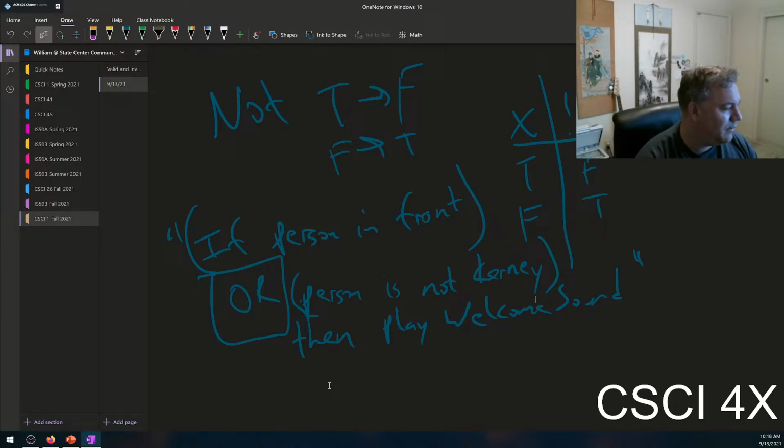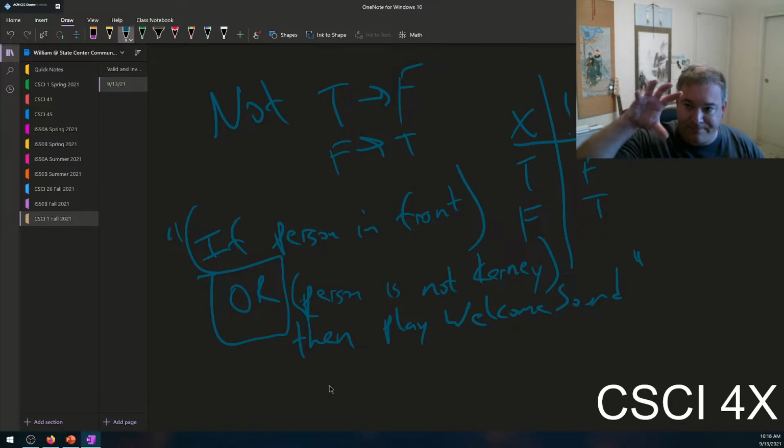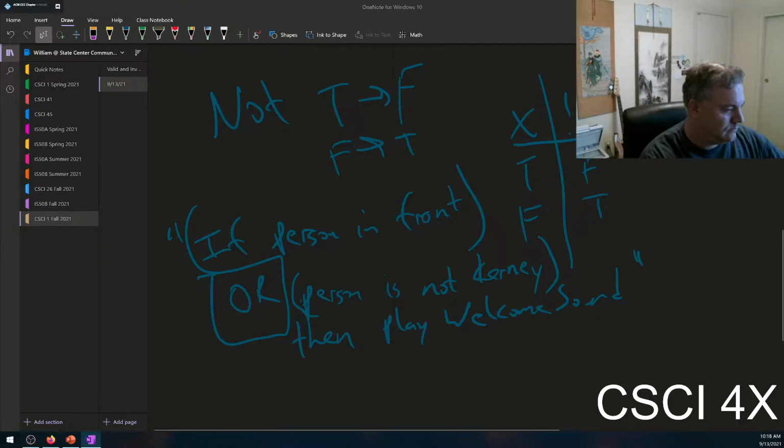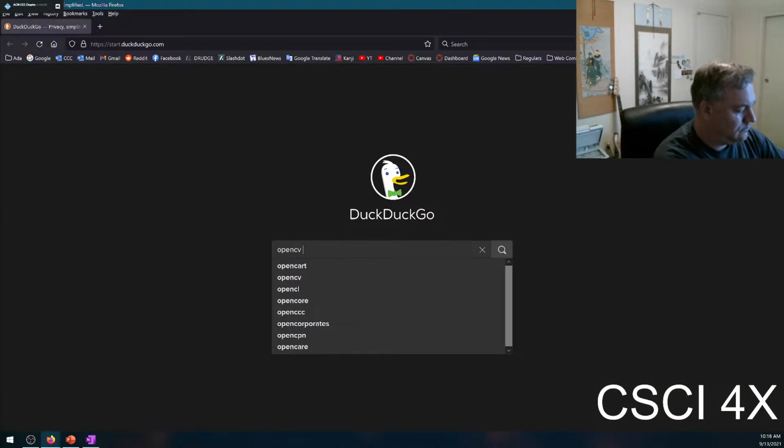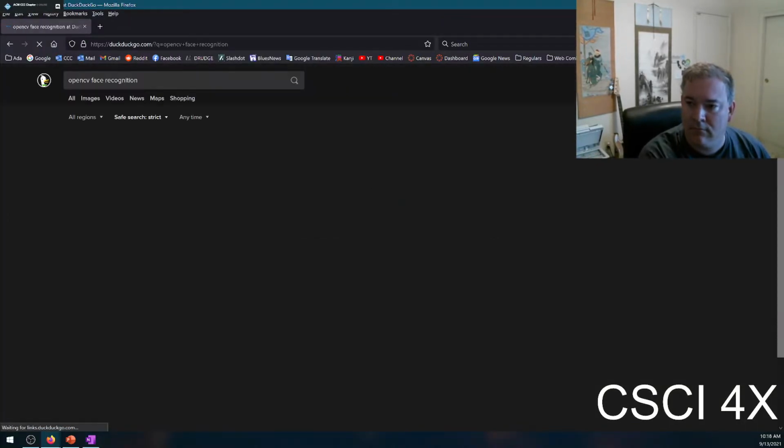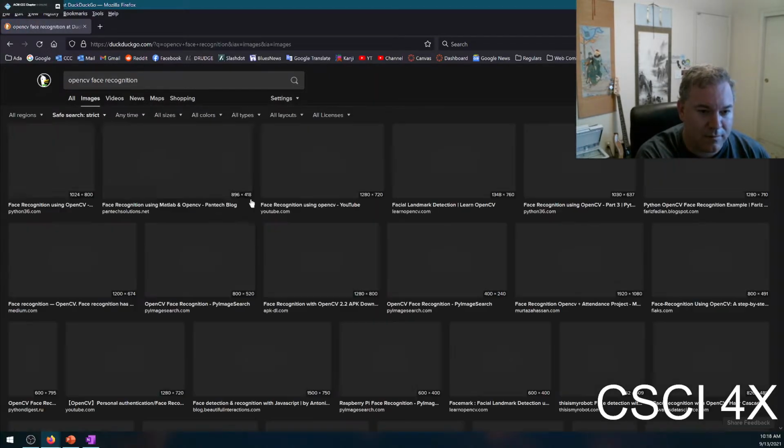So basically this part here would be, there's a camera, like the camera I have here, just watching, and it has OpenCV. I don't know if you've ever seen this. It puts a little square on you.